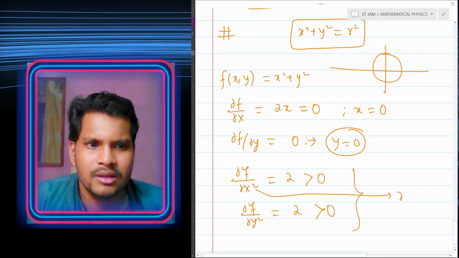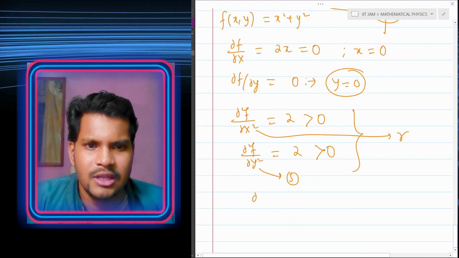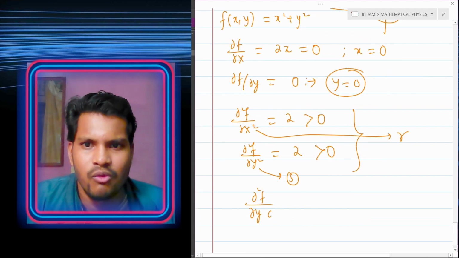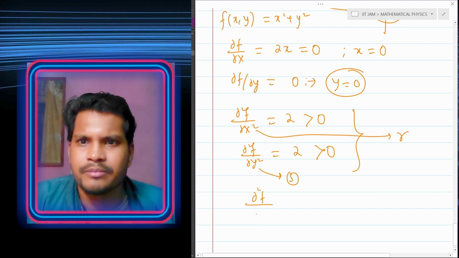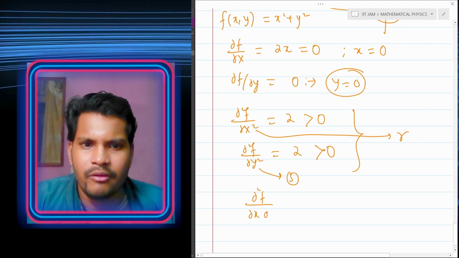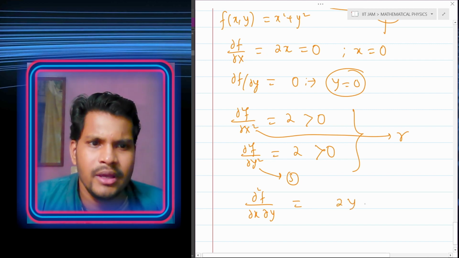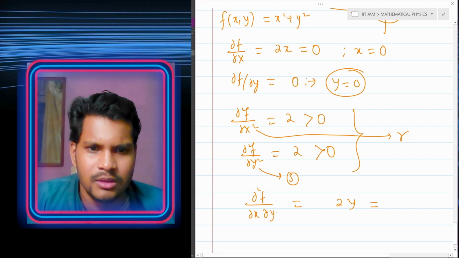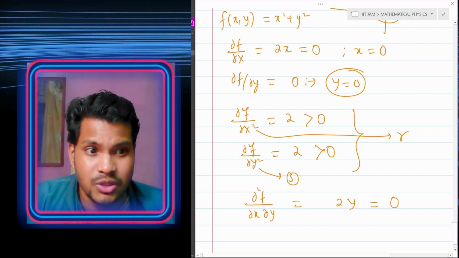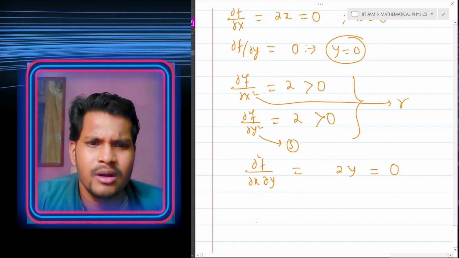So I told you that this is r and this is t, and I can easily find del 2f over del x del y. So it will come out to be what? Here it will give you 2y, and then if you take the derivative with respect to x, it will give you 0. So you see over here the r minus st square.